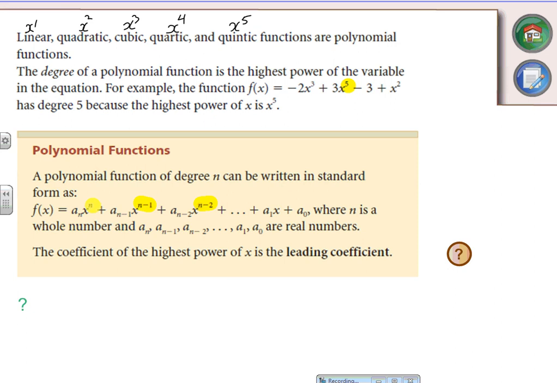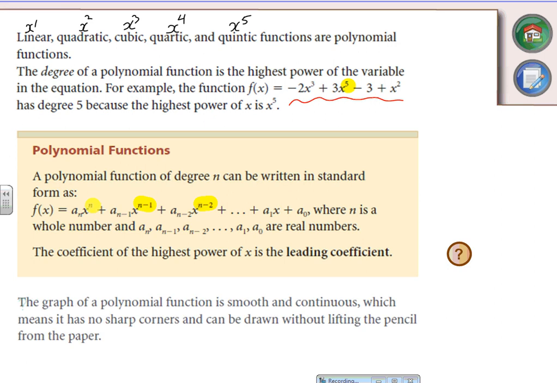The example that they gave up here was not in the correct order. We've got to put it in descending order. The graph of a polynomial function is smooth and continuous. Nice curves. Which means it has no sharp corners and can be drawn without lifting the pencil from the paper.